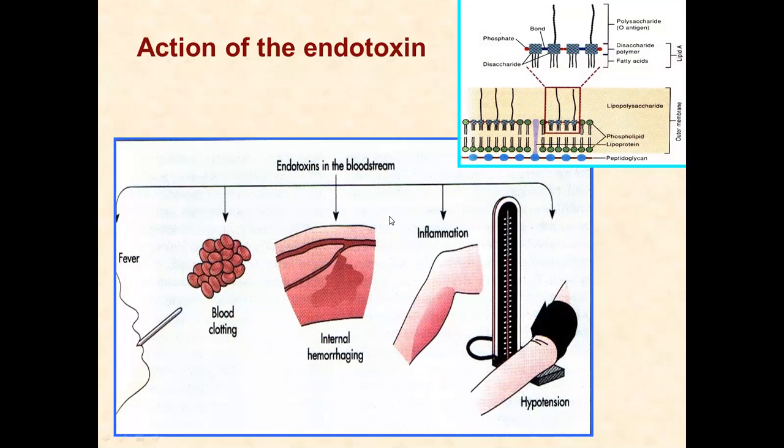In severe cases, if a high amount of endotoxin is released into the bloodstream due to fast death of bacteria, destruction of their cells, it may cause coagulation of blood in the blood vessels and even death.